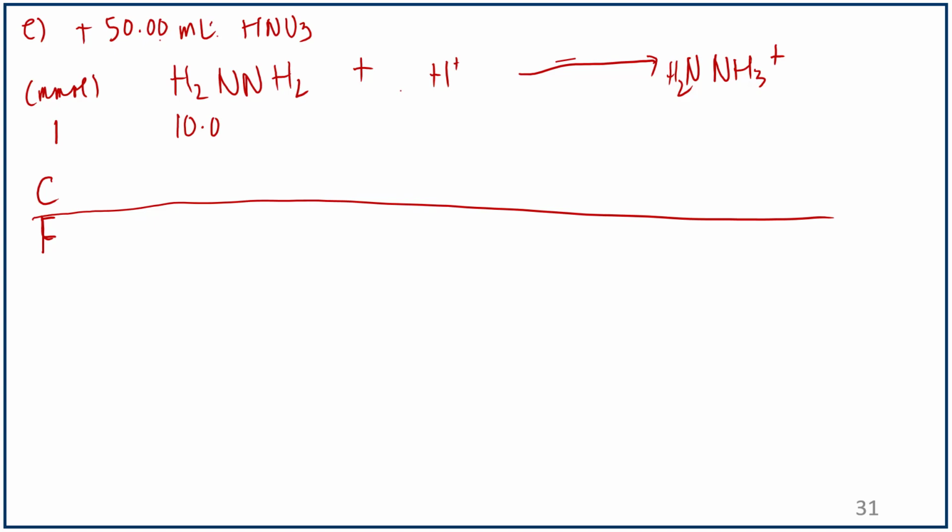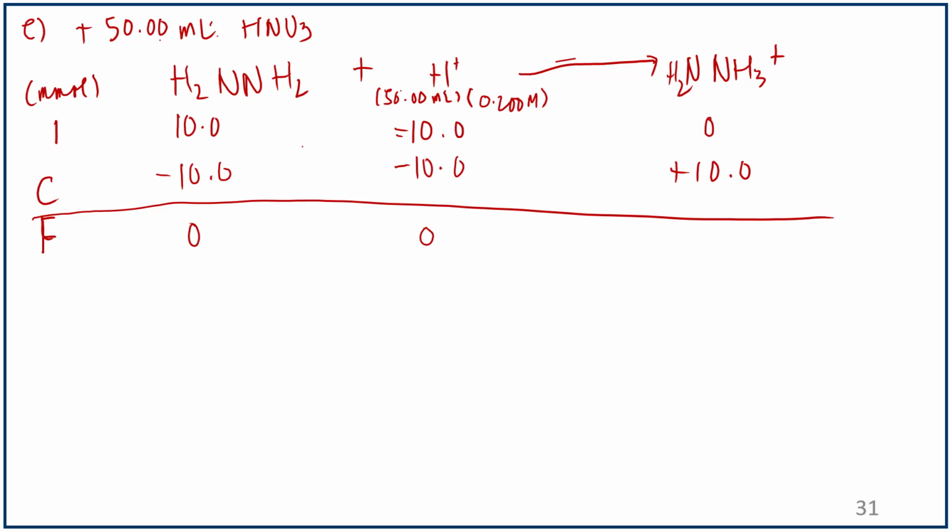From H plus, that will be 50.00 ml times the concentration 0.200 molar. So that's actually also 10 millimoles, and then this is 0. So both hydrazine and the proton will fully consume each other. In other words, we are at the equivalence point, wherein we don't have any hydrazine anymore at the end of the solution, and what we are left with is the hydrazonium ion. So all of the hydrazine has been converted into hydrazonium.